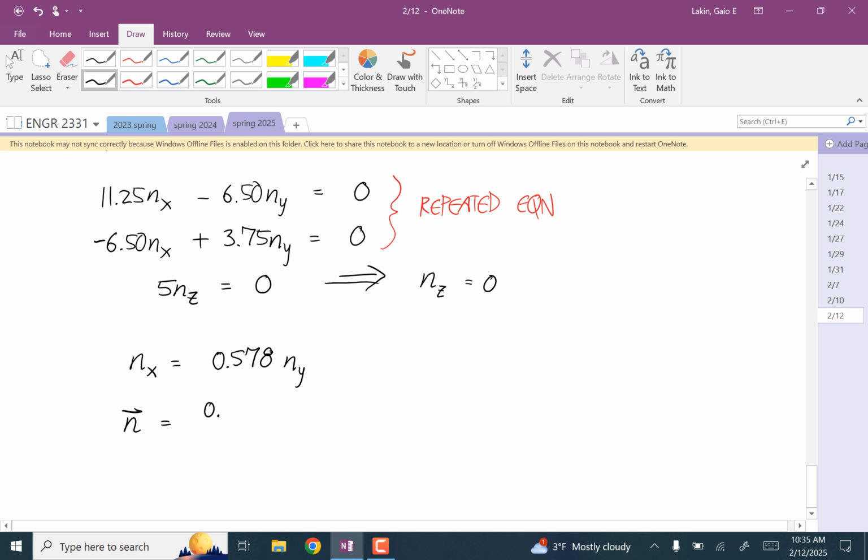And that says that nx is this, but that's not a unit vector yet. And so now I'll take a unit vector in that direction. You can use the function unit v on a lot of your calculators.